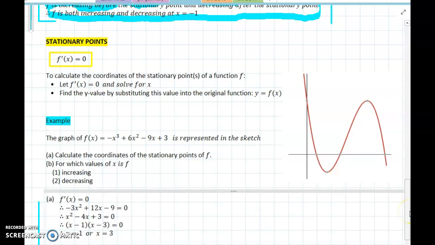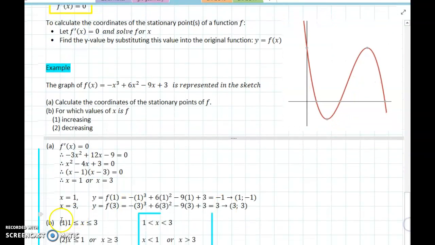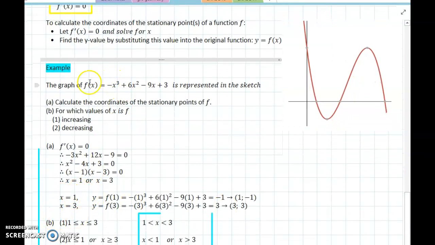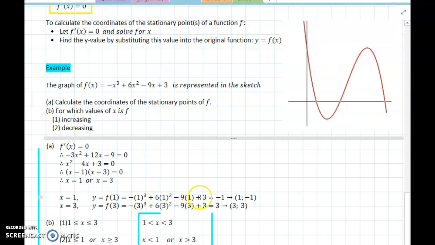And so to find the corresponding y value, because they asked me the coordinates, I substitute x equal to 1 into y. This is y, not that, that's the gradient. So substitute 1 into this, and if you do the substitution correctly, you should get minus 1. So the coordinates of my stationary point is 1 and negative 1.